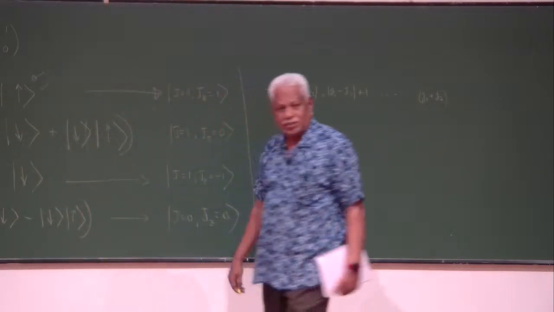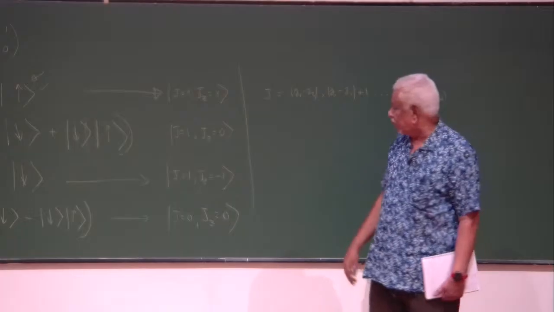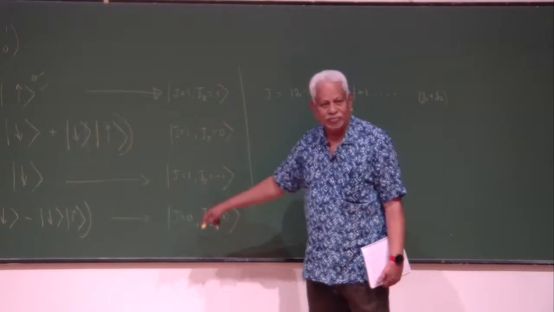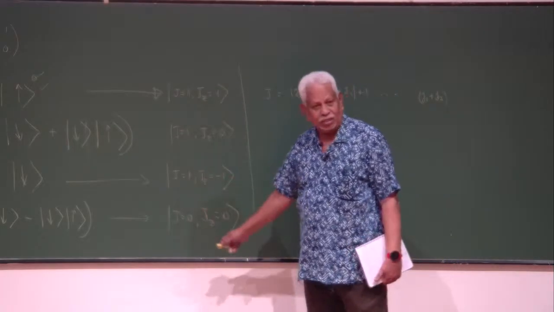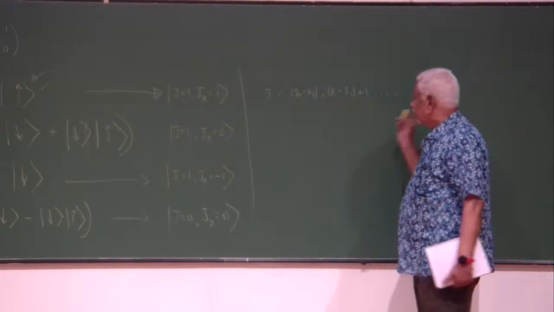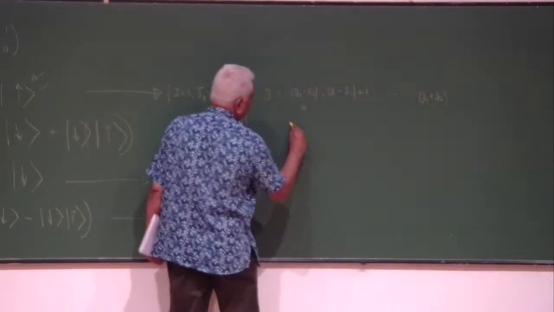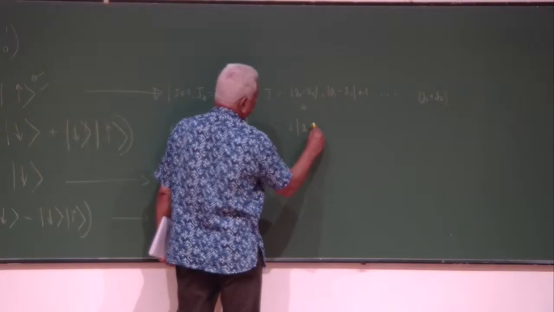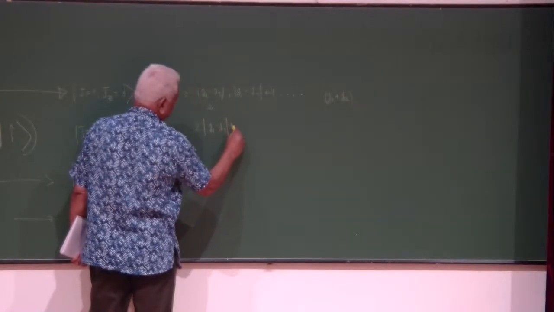You wrote it as 2 into 2 is written as 3 plus 1. This is 3 and this is 1. Like that, you are going to write it. This one will have 2 into J1 minus J2 plus 1.